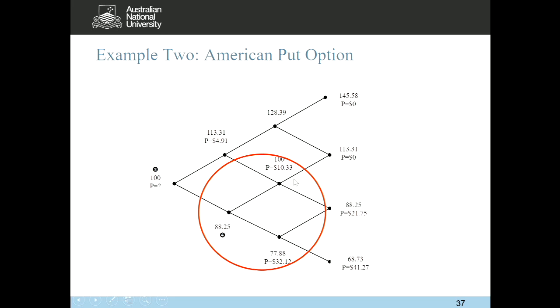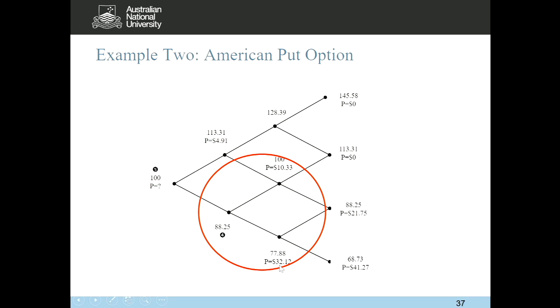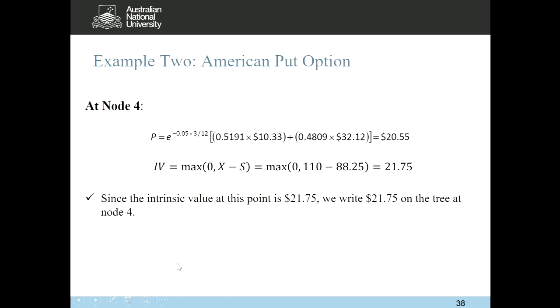Then the same thing goes to this branch. We know the probability of going up. So if we go up, we have a value of $10.33. If the share price goes down, we have a payoff of 32.12. So the way we get this 32.12 is to exercise the put immediately at this point. So we discount back 3 months, and we get a discounted value of $20.55.